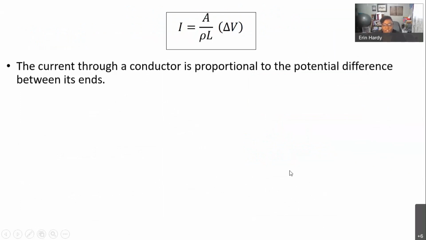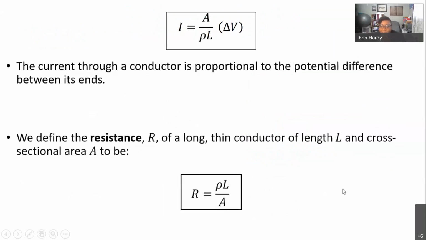So here's that same relationship again. I feel like we're jumping the gun a little bit here, but if we take a look at this relationship up here at the top, I have current on one side, I have delta V on another, and a whole bunch of constants here.